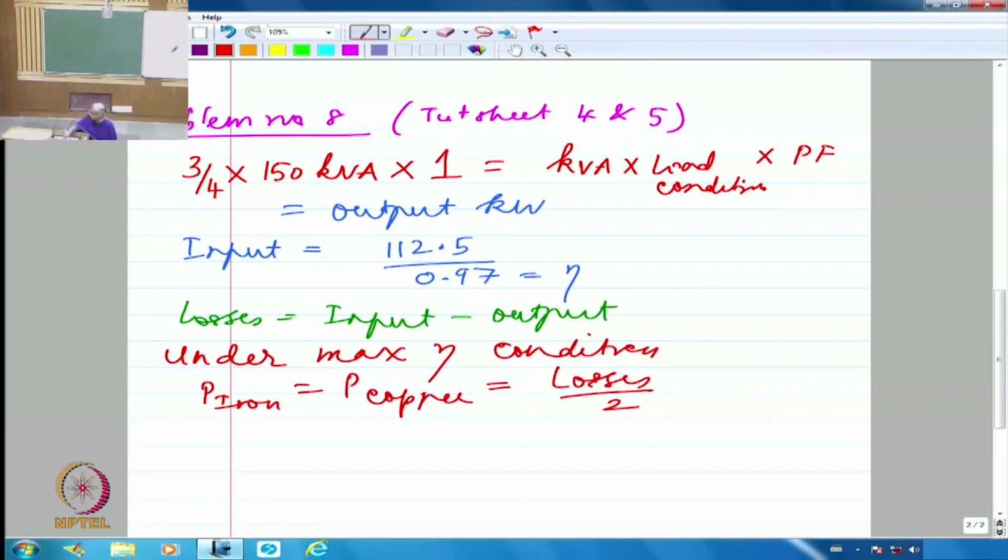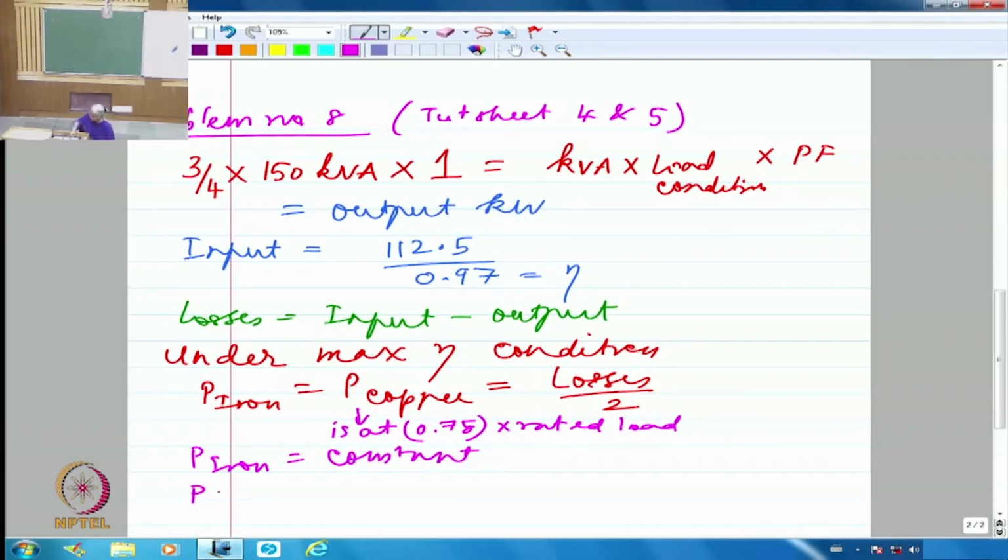But please note, this copper loss is at 0.75 times rated load. Right? Because we already said the maximum efficiency occurs at 75% of rated load. So what I have got here, I should say P iron is a constant, not a problem. But P copper at rated load will be whatever I am getting here.